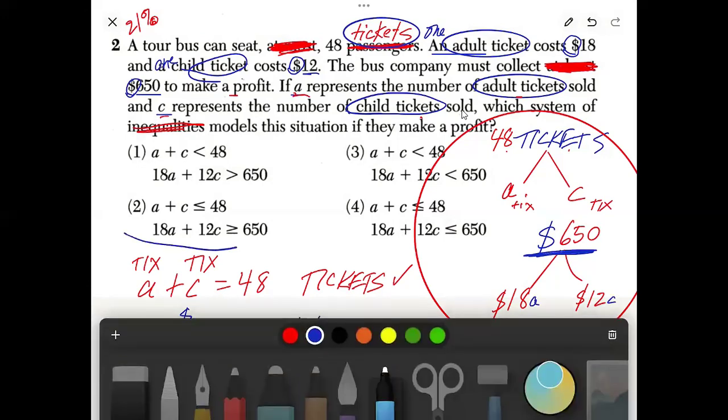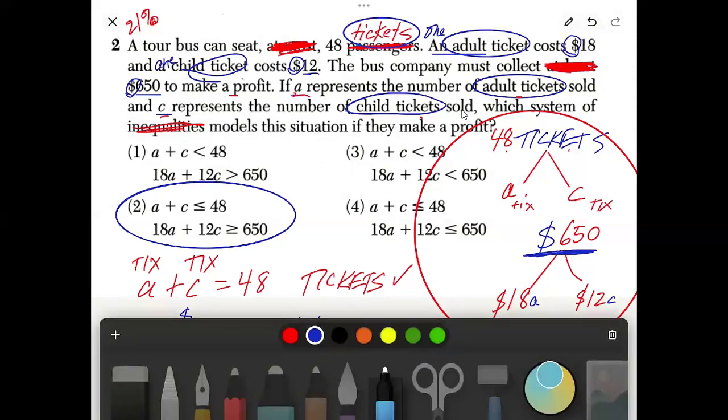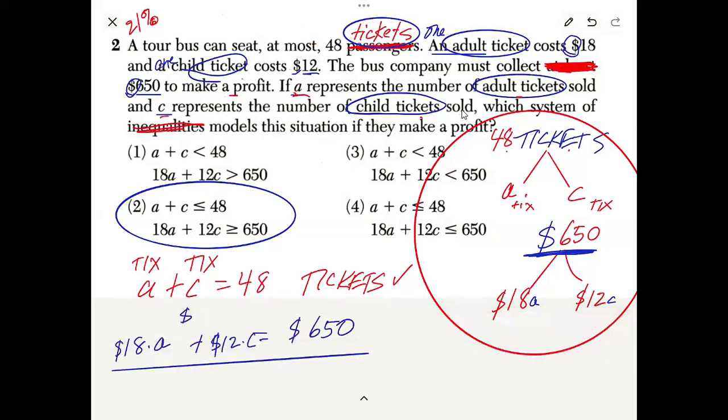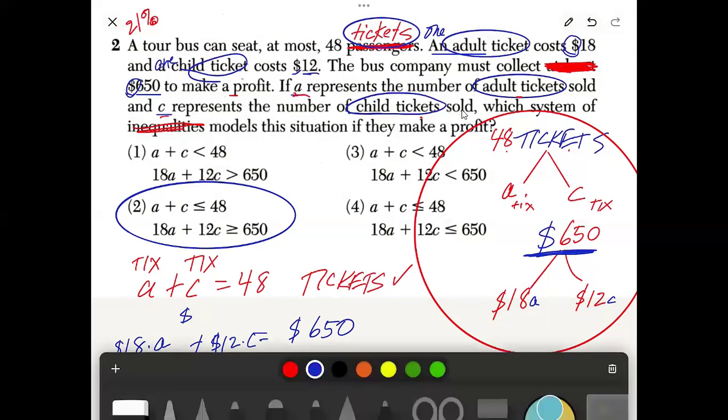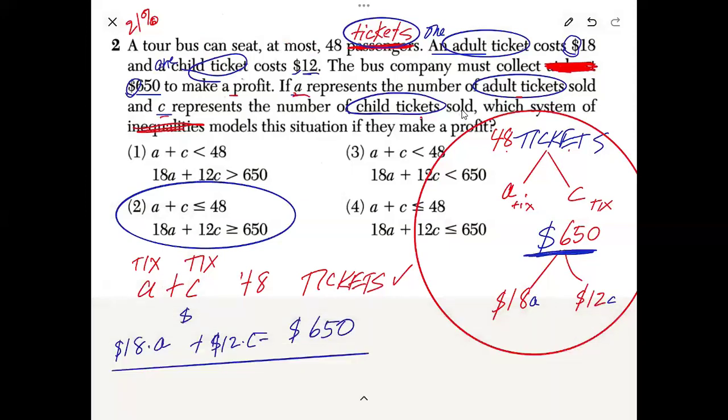That's how they came up with these two inequalities, right? Now, if I go back and I try to make this into an inequality, basically, at most means we can't go over 48 because we only have 48 seats on the bus. So this part right here has to be less than or equal to 48 because I can't go over 48.